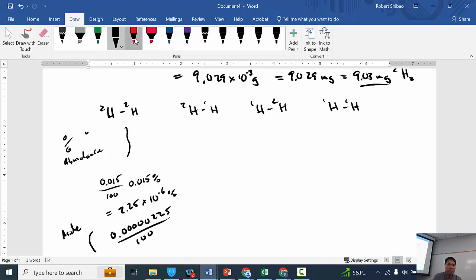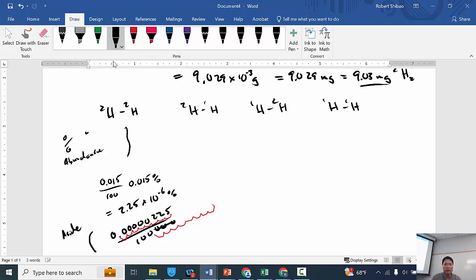And then what I do is I move the decimal to make this a whole number, because we can't have fractions of molecules. So I'm going to move this 1, 2, 3, 4, 5, 6, 7, 8 places, and then add zeros here.